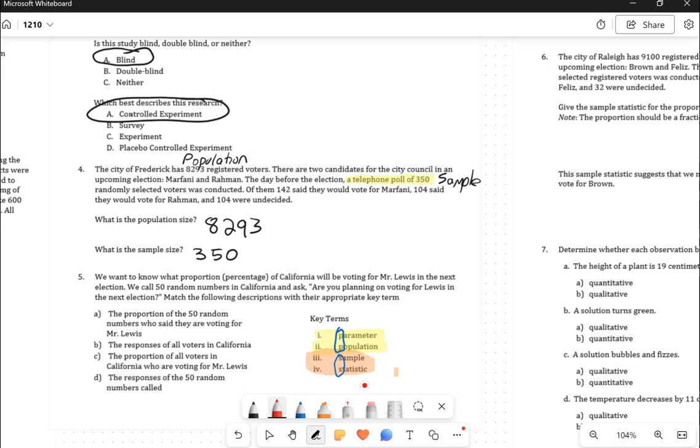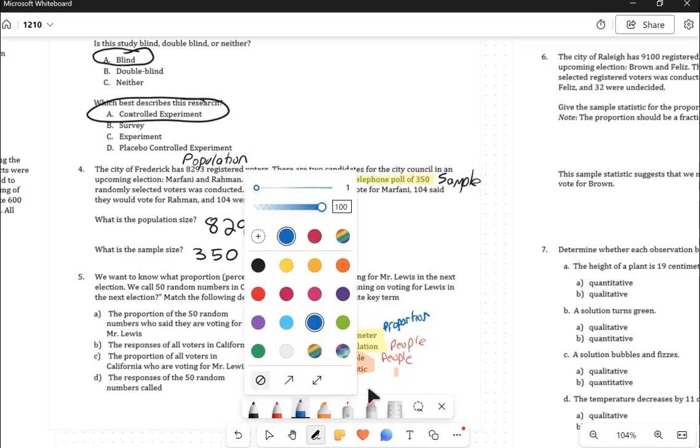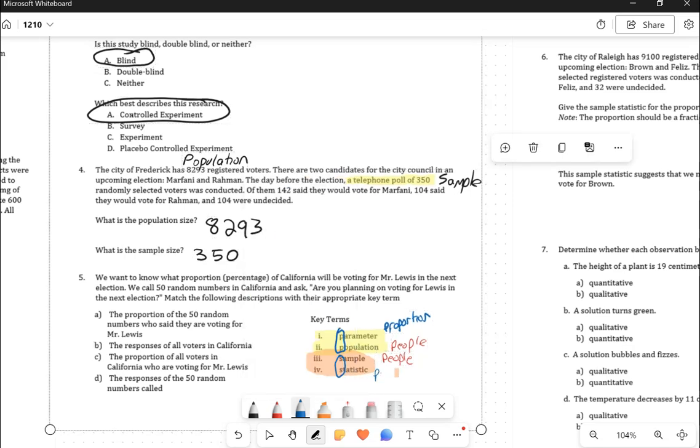So both the population and the sample are people, and the parameter and the statistic is proportion. The proportion of people that are going to vote for Mr. Lewis.